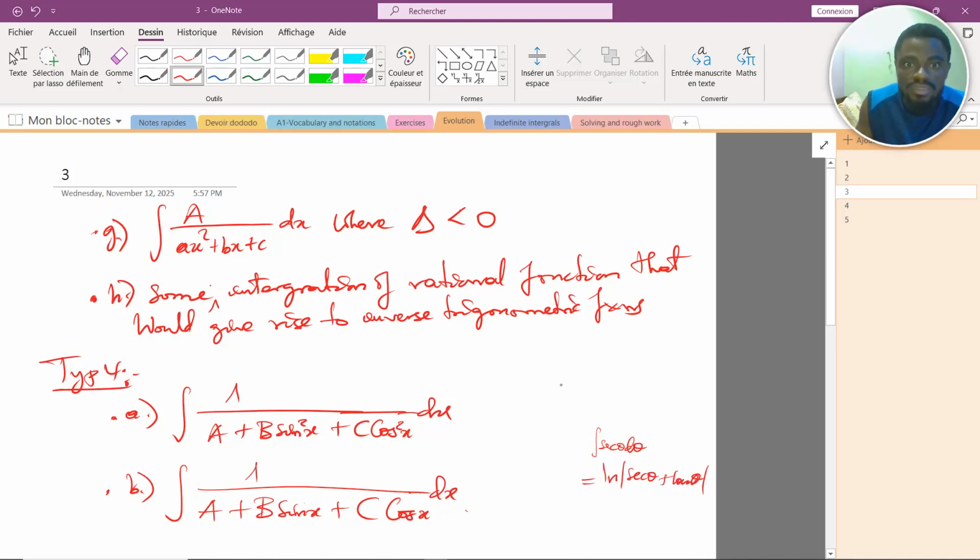And I said, if I can still remember, the integral of cosec theta was something like ln of the absolute value of cosec theta minus cot theta. So we shall prove all of that. It is at this level that we're going to prove it, and we shall see more examples, and we'll give you exercises.